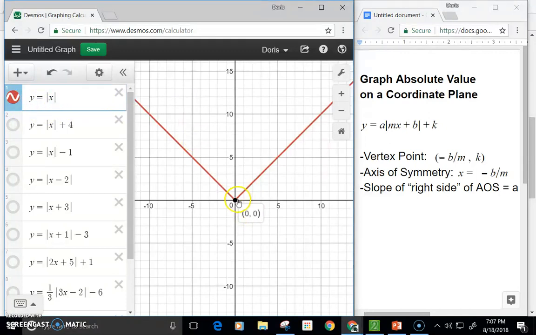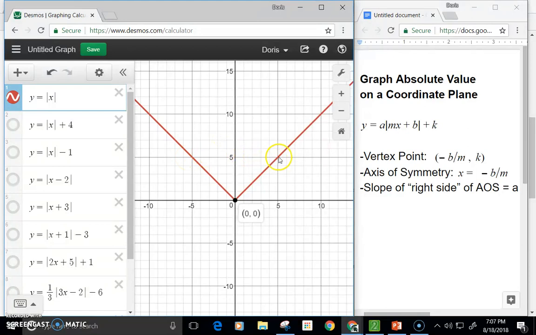Now, you may notice that the line that goes through this vertex point looks like it might be the line where everything reflects. And that's true. All of the points reflect across that line. Notice that from 1, 1, I go across to negative 1, 1. From 5, 5, I go across to negative 5, 5.